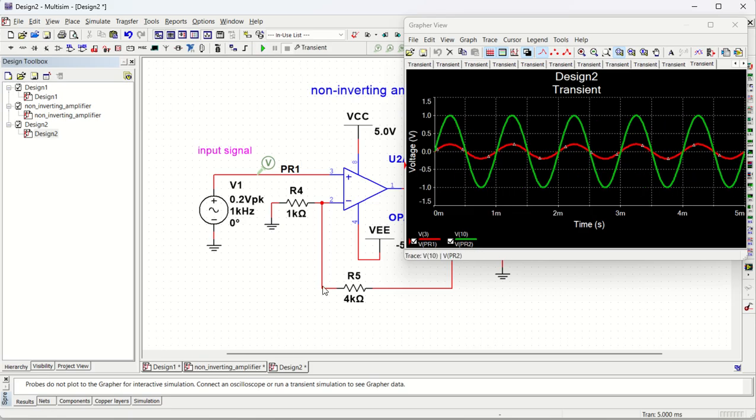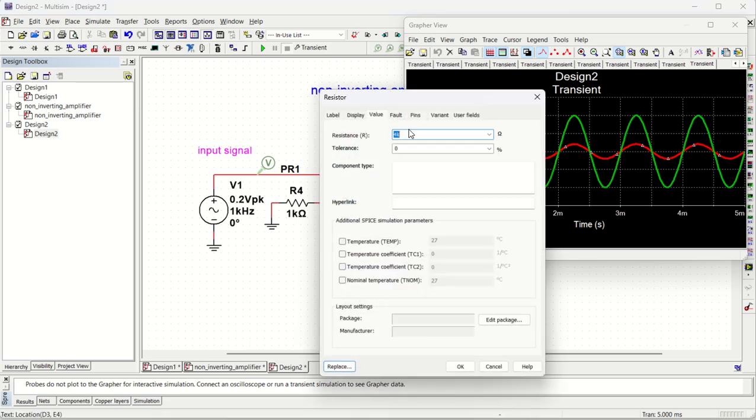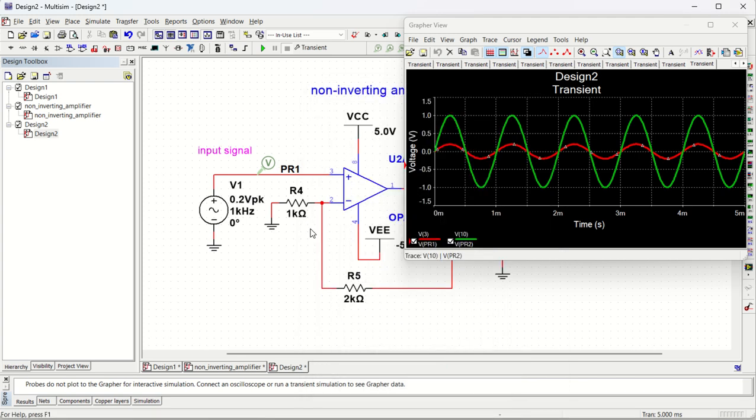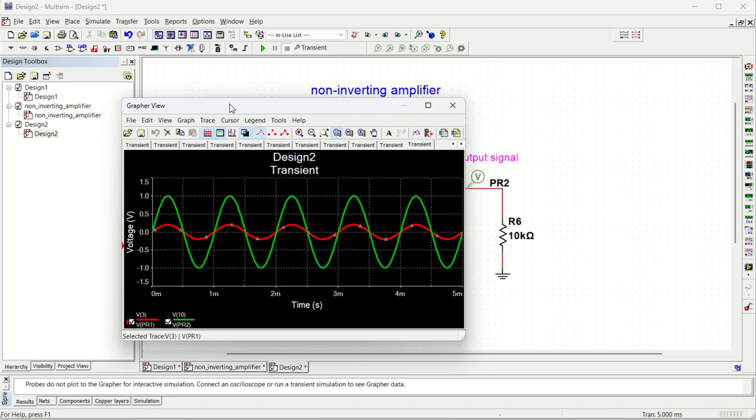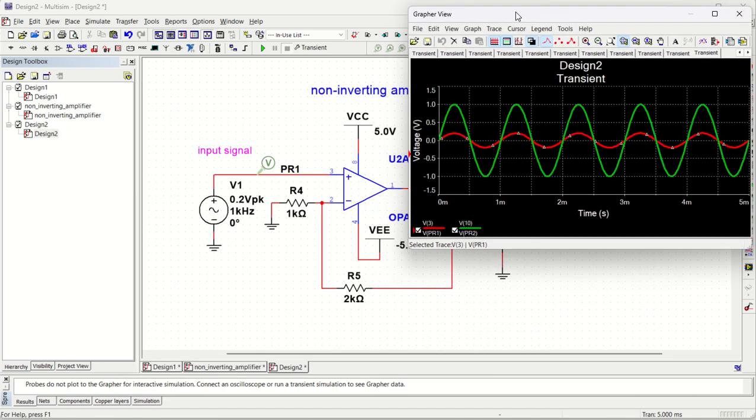Alright, so this is very nice. Now if you want to change the frequency, you want to change the gain, you can do that. So let us change the gain to 2k. Okay, so 2k means 2k by 1, that is 2 plus 1, 3, so gain will be 3. So whatever the input voltage, it will be amplified 3 times. Okay, so can we do that?